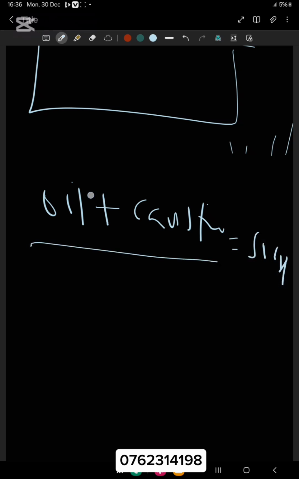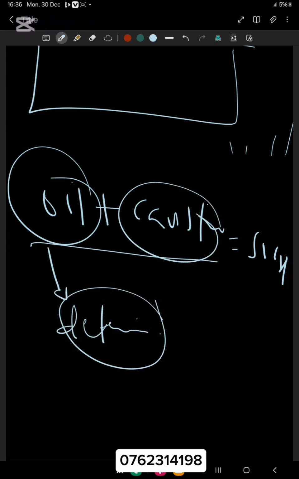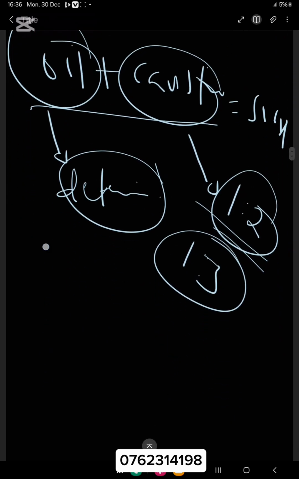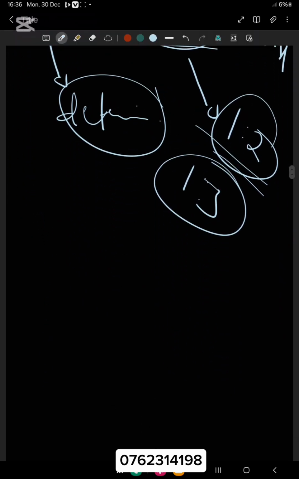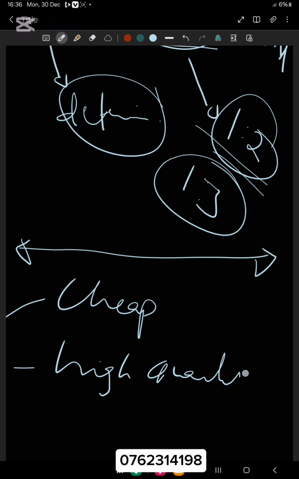Now the oil is the base used for determining calculations, and the caustic soda is in ratios 1 to 2. Others do 1 to 3, but 1 to 2 is standard. And so you want to use oils that are cheap and have high quality output.